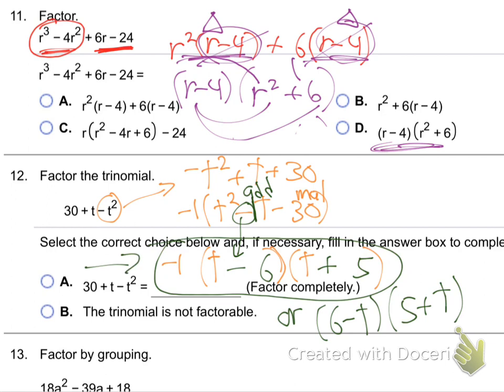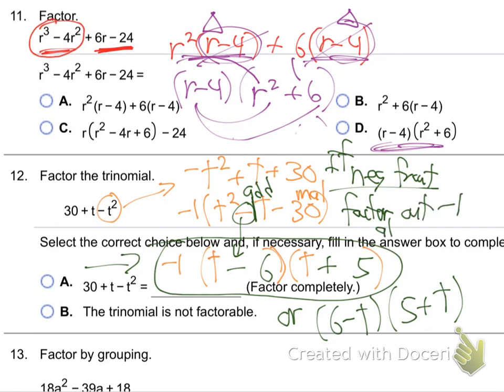So again, when they're out of order, reorder them from highest power to lowest. And if there's a negative in the front, factor out negative 1, all signs change.